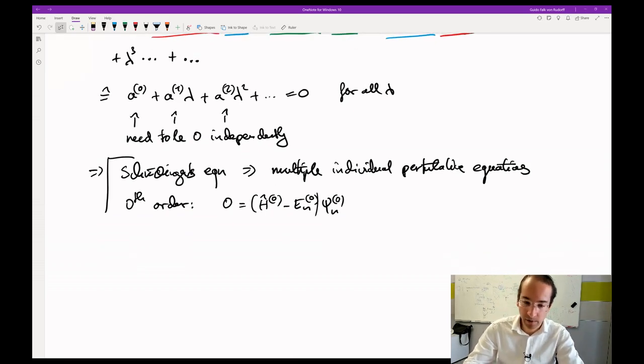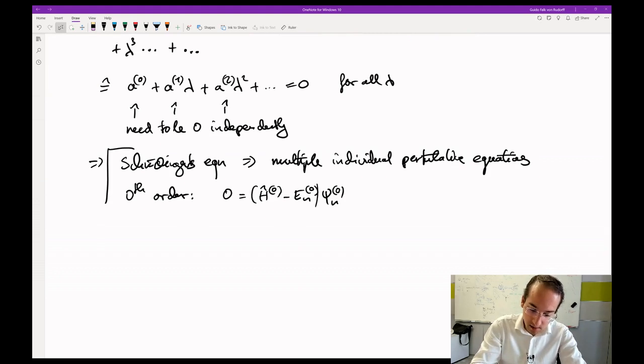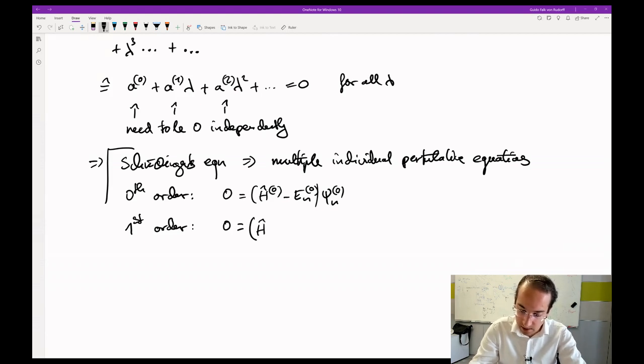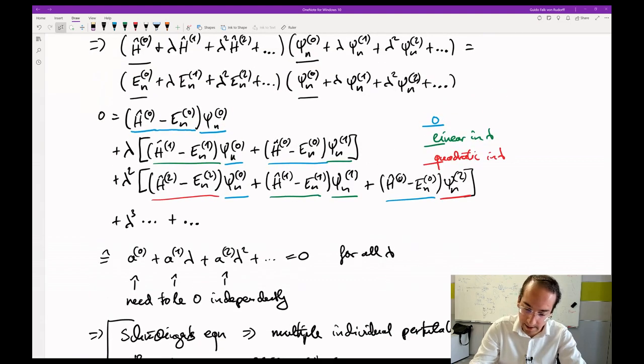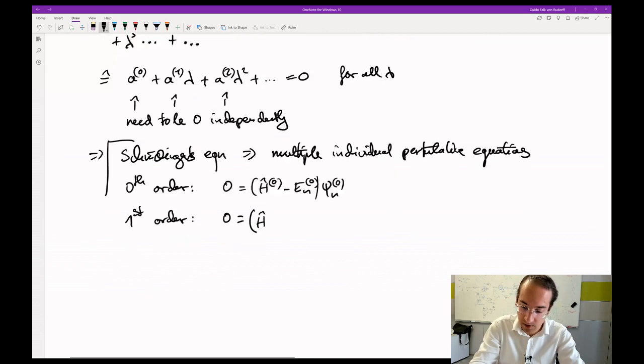But now you get expression for the individual changes. So you get in the 1st order, 0 is everything which we had in this bracket here, right? Everything in there. That's what we now get here, because that needs to be 0 individually.